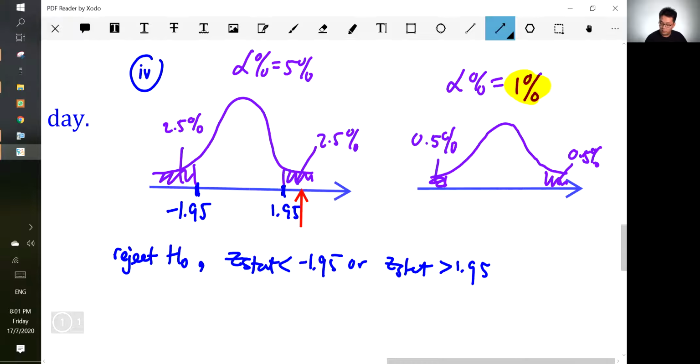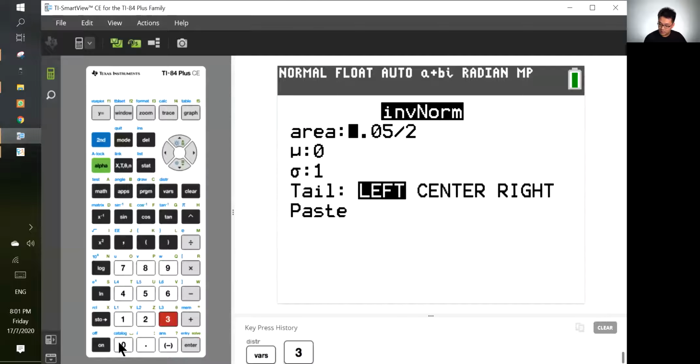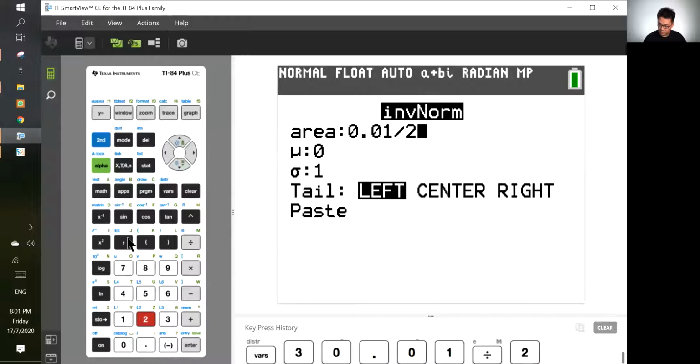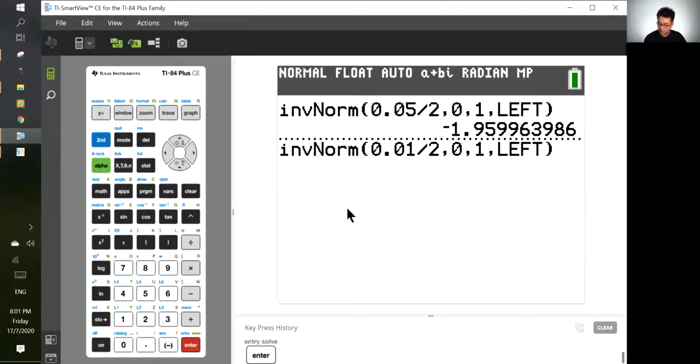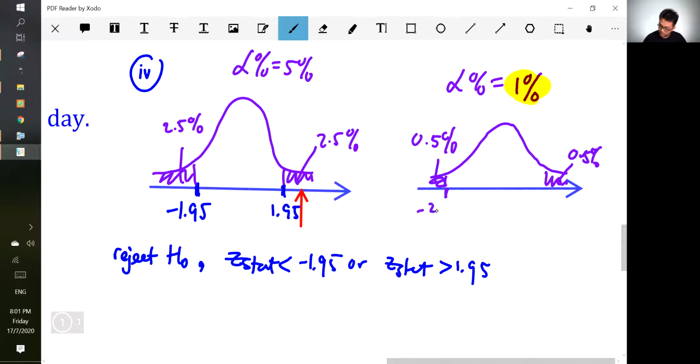Just so you know, when you do your inverse norm of 0.5%, which is 0.01 divided by 2 on the left tail, it is actually minus 2.58. Obviously, it's not conclusive. You cannot conclude that it will definitely reject H naught at 1%.